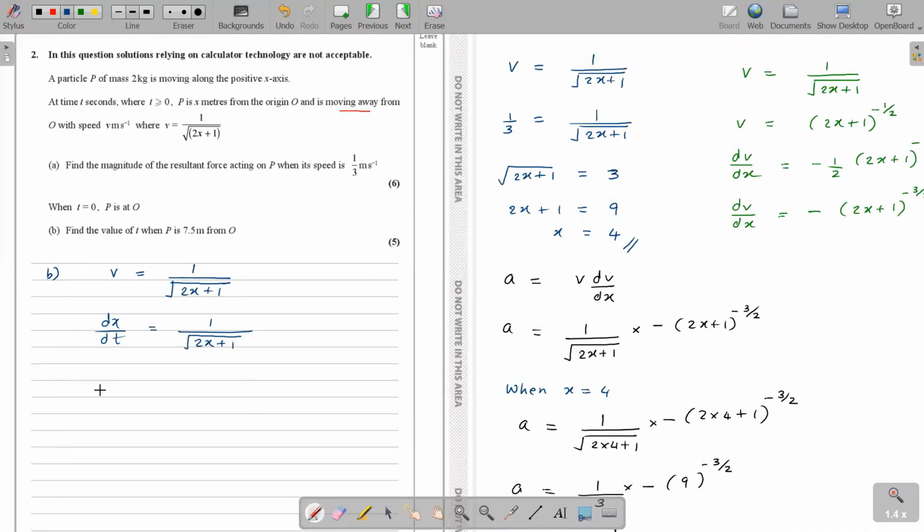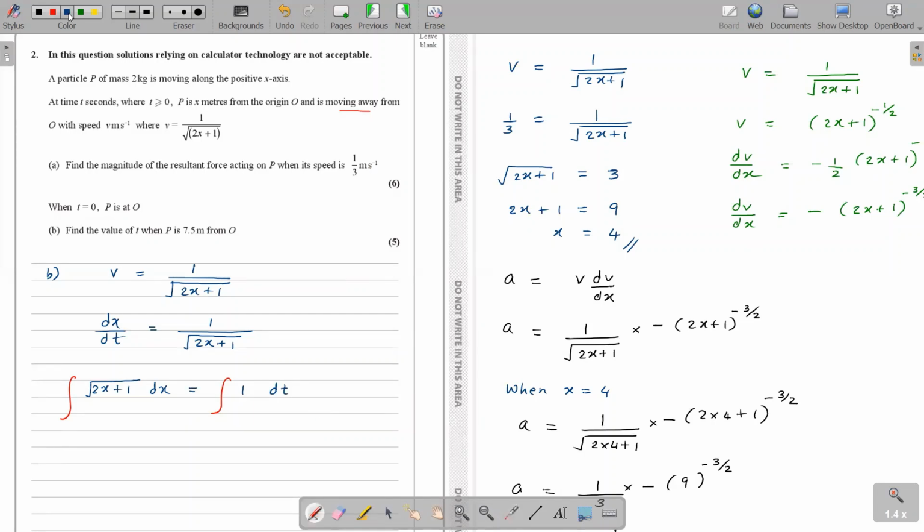Bring the root 2x plus 1 over with dx, and on the other side you have 1 times dt. Can you see what's going on? Then you integrate both sides, this side with respect to x and the other side with respect to t. This is basically separating variables.